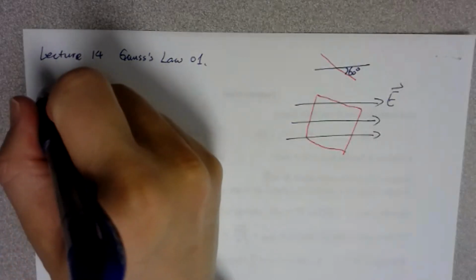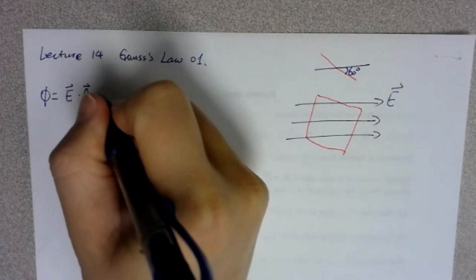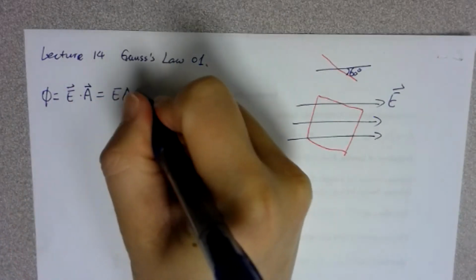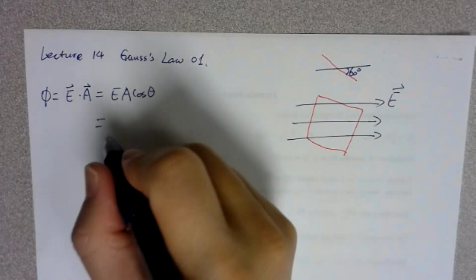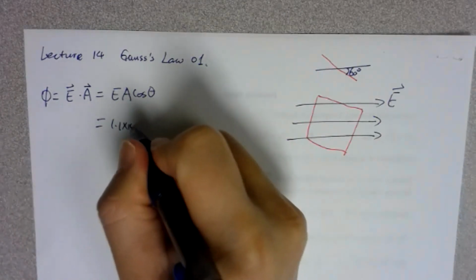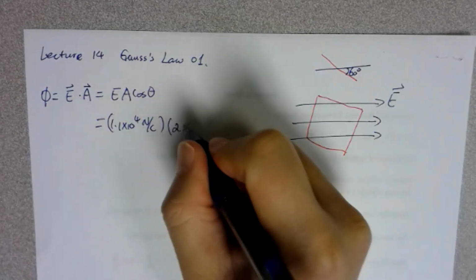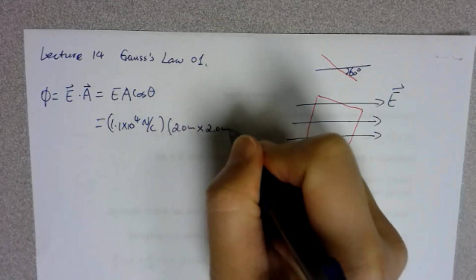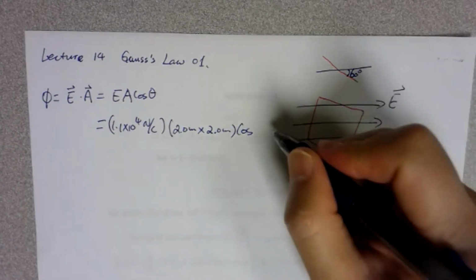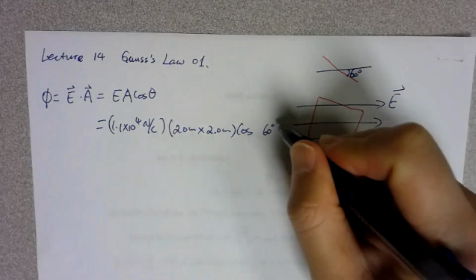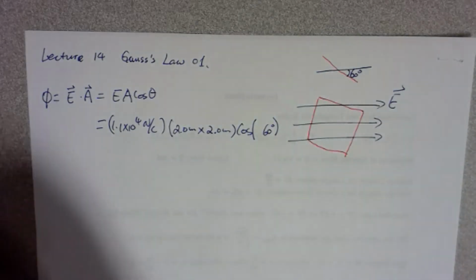Calculating flux, Phi equals E dot A, which is EA cosine of theta. My E is 1.1 times 10 to the 4th newtons per coulomb. My area for the square sheet is 2.0 by 2.0. Cosine of 60 degrees? Actually not. It should be 90 minus 60.